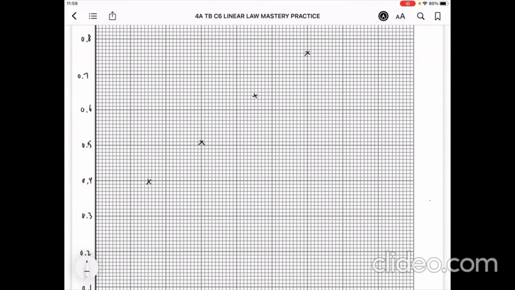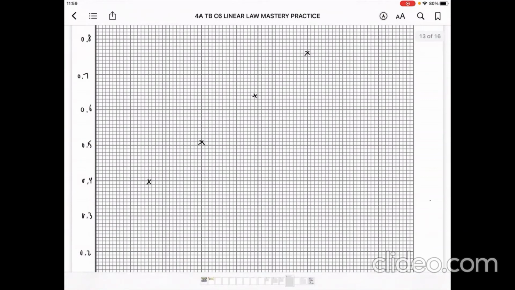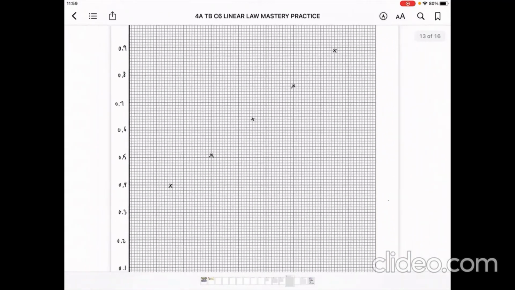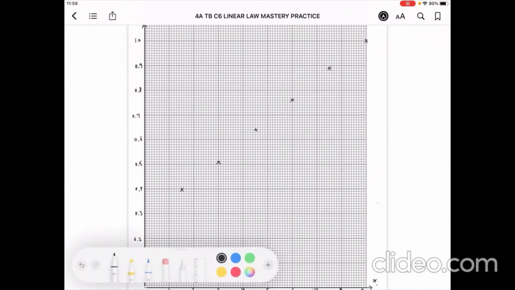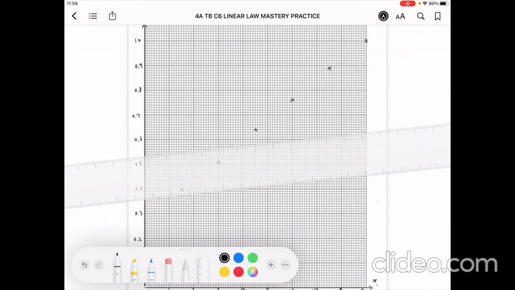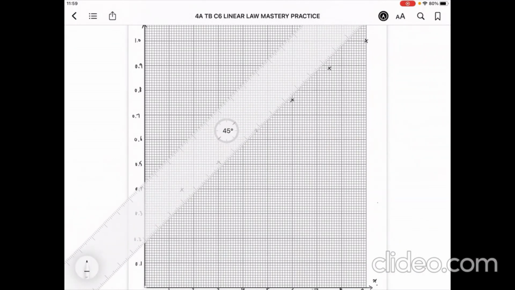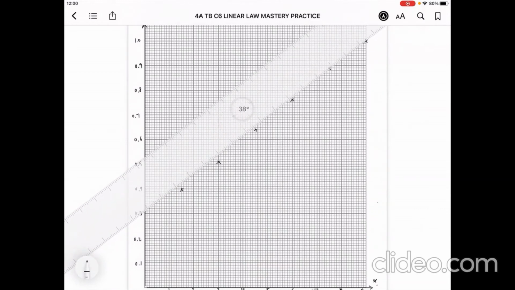Okay, alright, so let's draw a line of best fit. Use a ruler. It looks like at 0.27, around there, 0.27. Okay, almost all the points lie on the line of best fit, right?